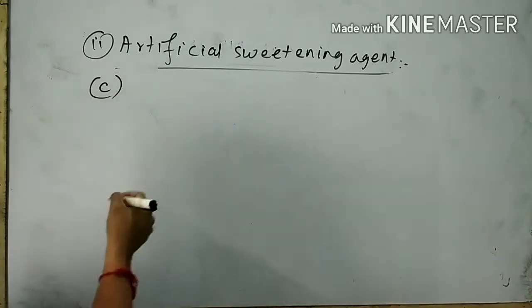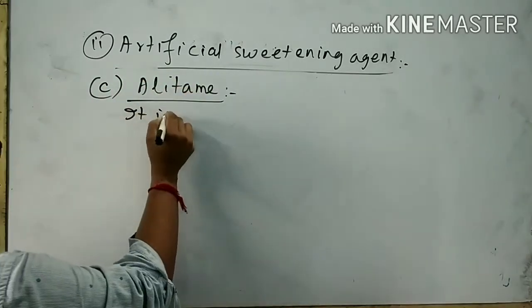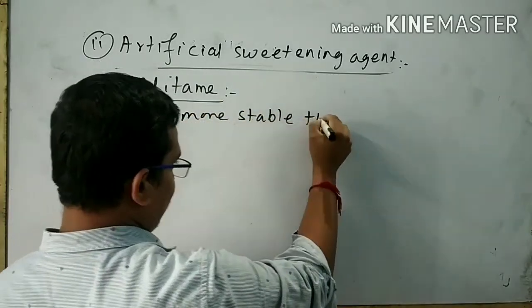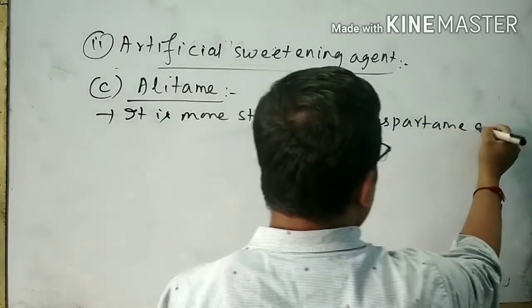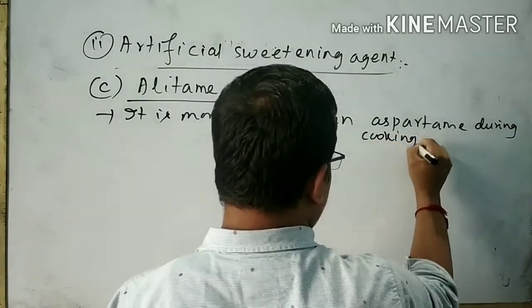Next artificial sweetening agent is alitame. It is more stable than aspartame during cooking.